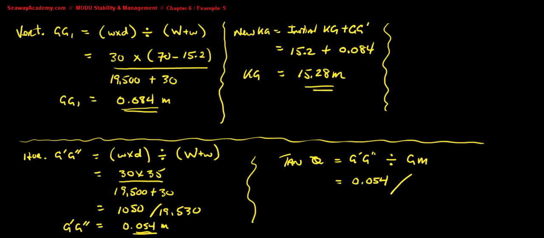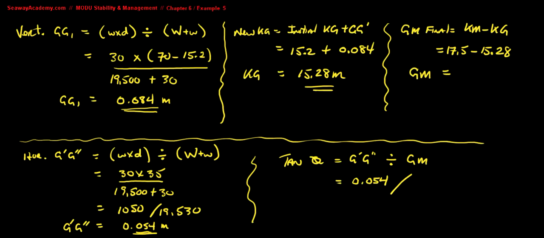Now we need the GM. So to calculate the GM, your formula is your KM minus your KG. In the question they told us that the KM was 17.5 meters. We've just calculated our new KG, which is 15.28 meters.